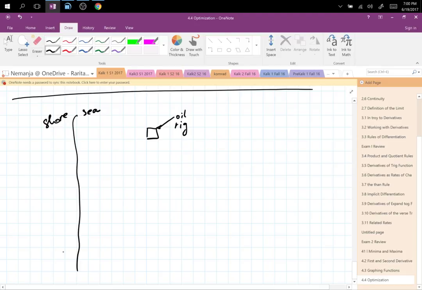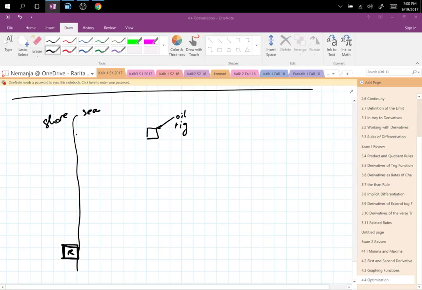You have the oil refinery right here. And this is close. There is no need to ship the tankers back and forth. What you could do is build a pipeline.